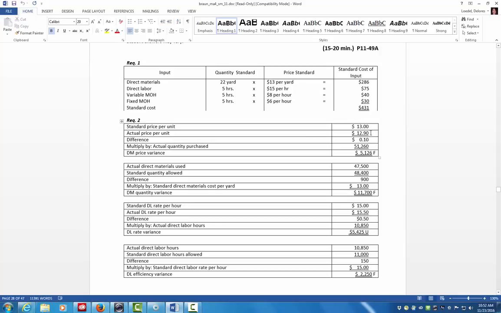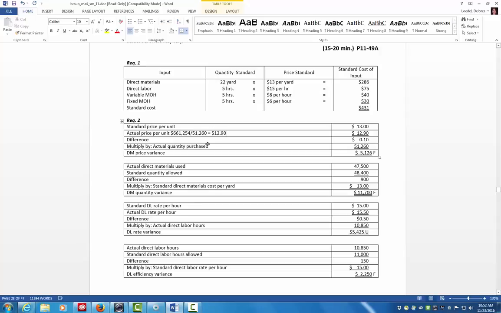To calculate this $12.90, the actual price per unit, that is given in the material, and you just have to do a simple calculation of taking your total costs of $661,254 and divided by the total purchased yards of 51,260, and that is where you get the $12.90 actual price per unit.